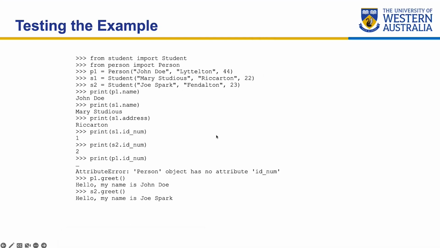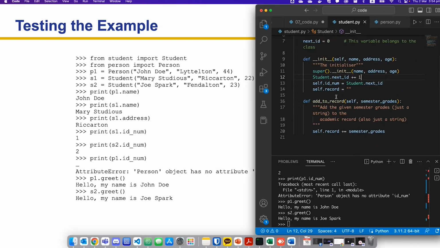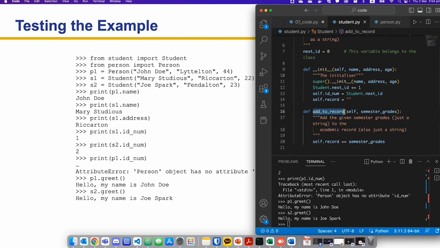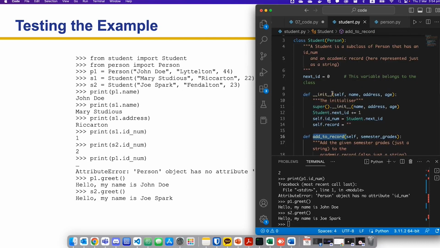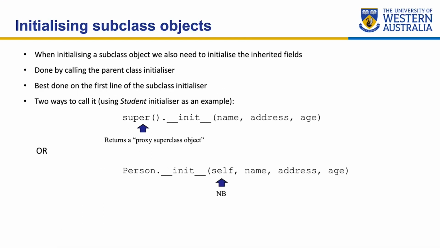Okay, but the more important thing is that the student has inherited the greet method, which was not defined inside the student class. Instead, it has the add to record method, right? No greet method, which comes from person. So this way, we can inherit the methods and attributes defined in the superclass.